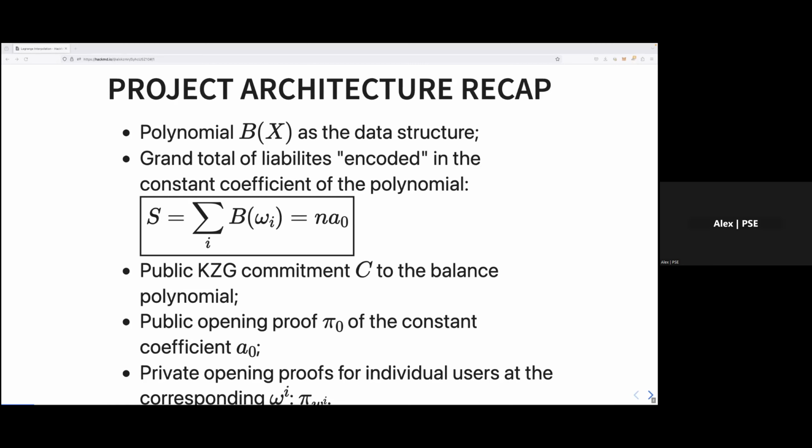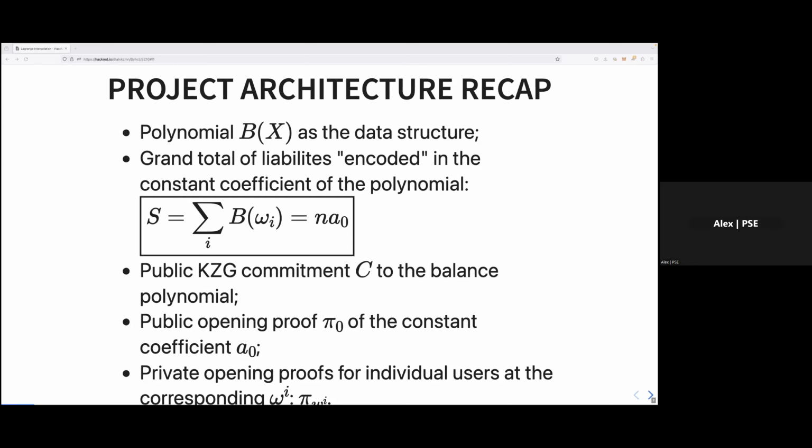We use that data structure in conjunction with the KZG commitment scheme, which is a natural choice for a polynomial. To prove the grand sum of the liabilities, we're opening the commitment at the constant coefficient, at the point of x equals 0.